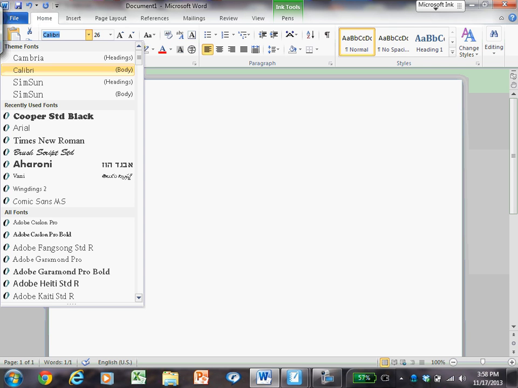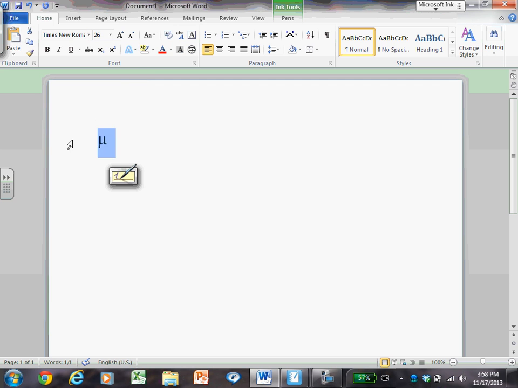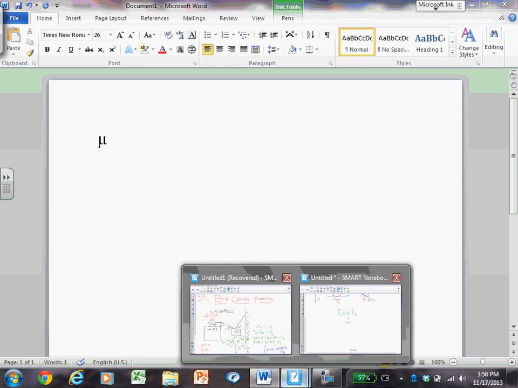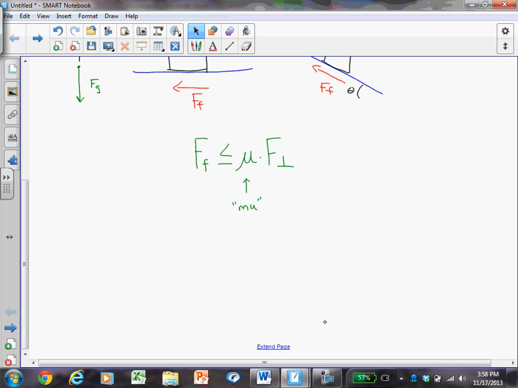If we made it something different, like, let's say, Times New Roman, it looks slightly different, but it has that little downward slide and then an upward. So it varies in its appearance, but in general it looks like that. And this mu is called the coefficient of friction.